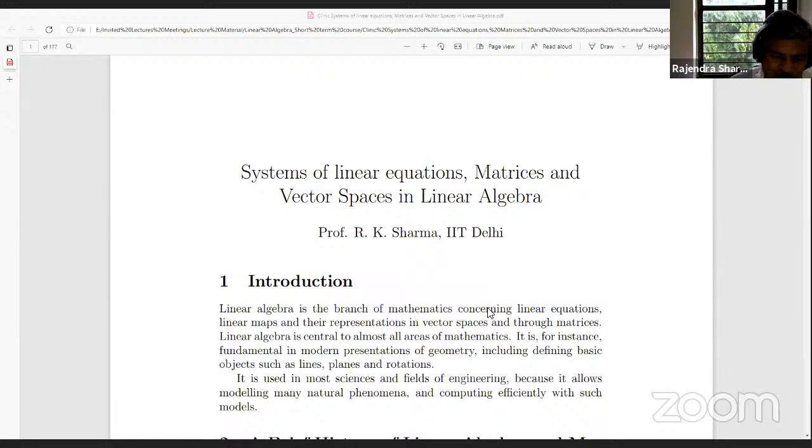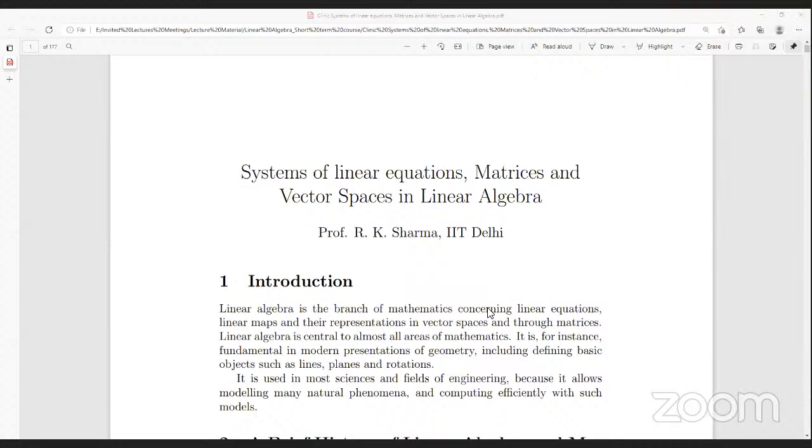It's, for instance, fundamental in the modern presentation of geometry, including defining the basic objects such as lines, planes, rotations. It is used in physics, chemistry, architecture, electrical engineering, computer science, and so on.